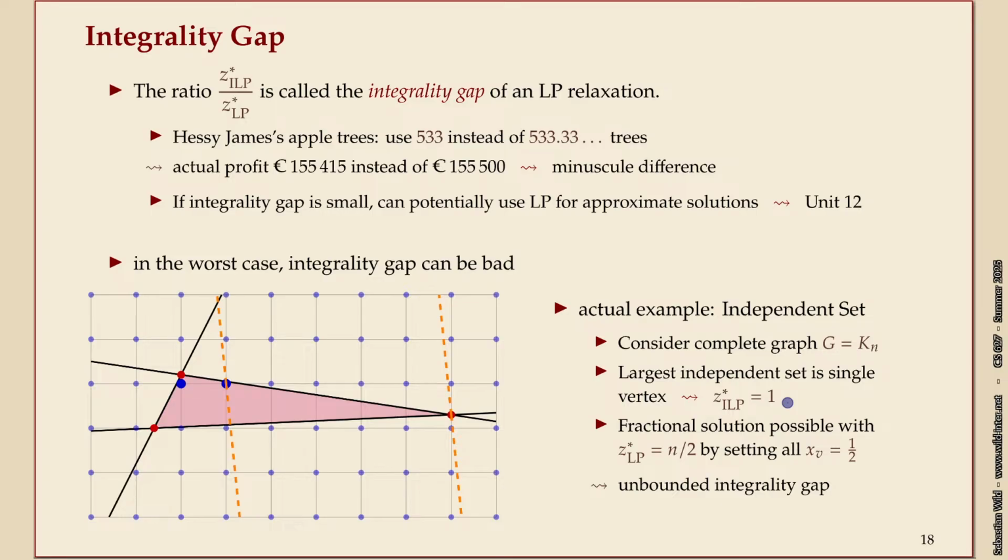So you can think of this as the high-dimensional version of this picture on the left, where things get completely out of control. You have no bound on the integrality gap in the worst case in general problems. So it's not a magic silver bullet that somehow solves things automatically. But I'll point to that unit 12, where we'll see for some problems this is indeed helpful.